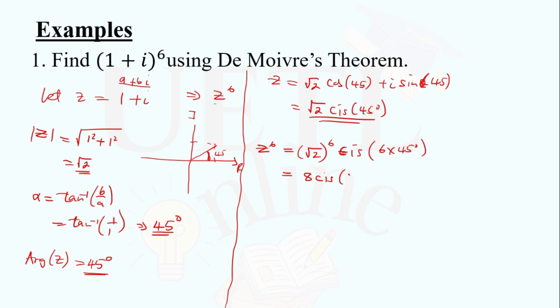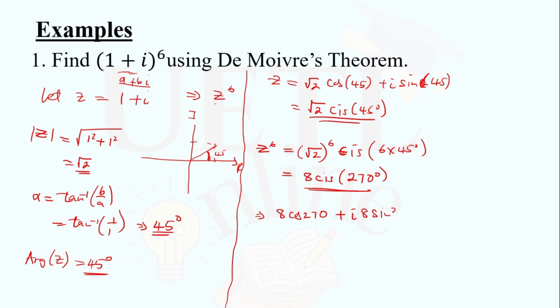So this becomes our answer. We want to change this answer back to the other form. Since our complex number is given in CIS form, let's change it back. You just have to say 8 cos 270 plus i 8 sine 270.